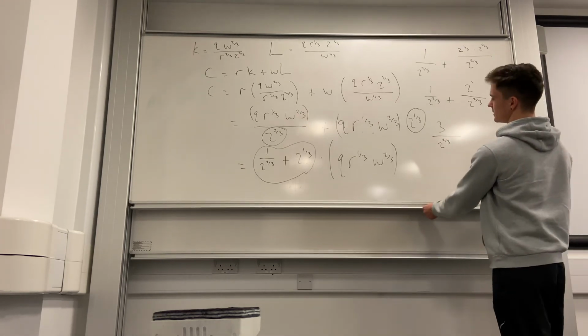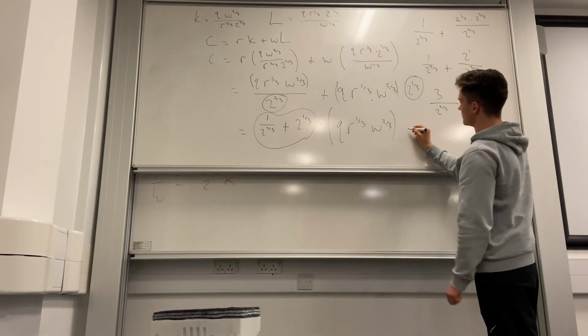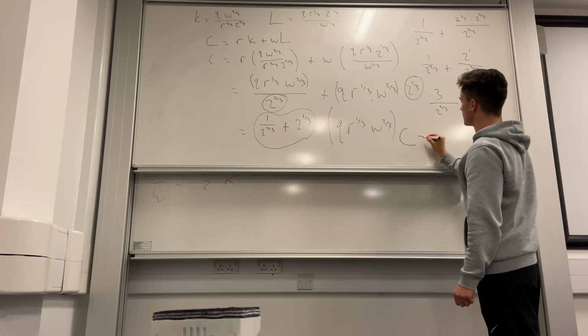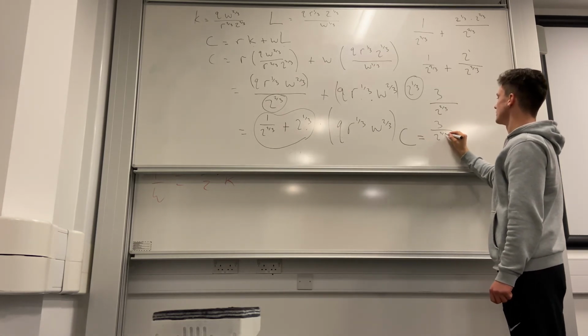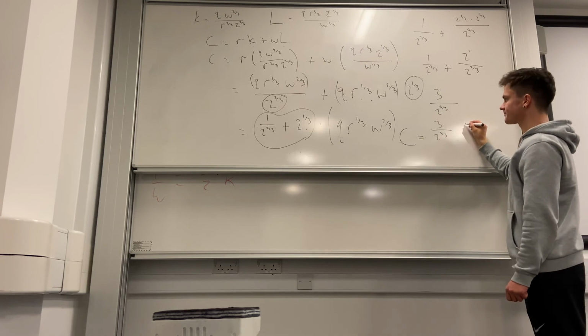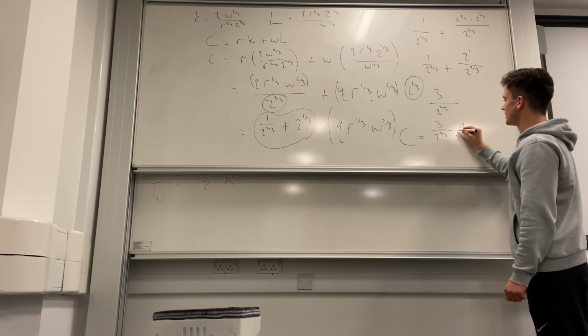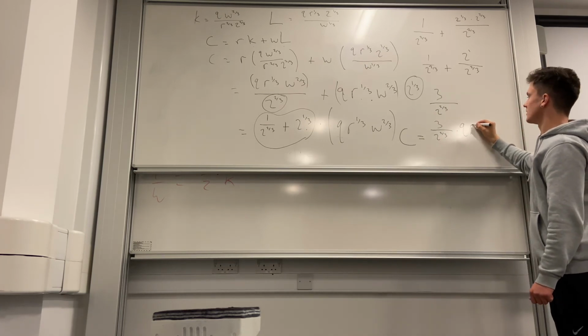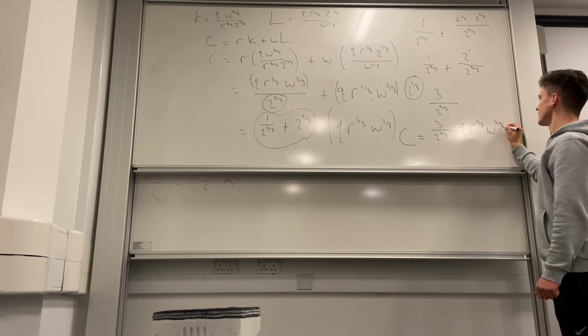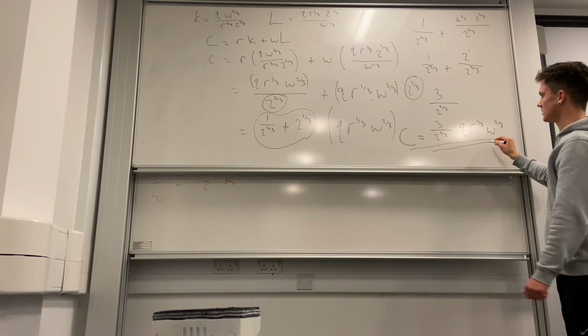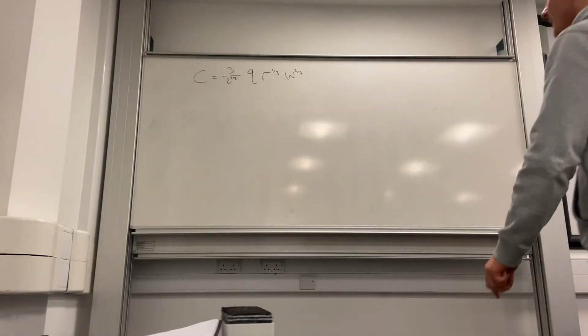And then finally, that would become the cost function. This cost function is equal to 3 over 2 to the power of 2 over 3 times q r to the 1 over 3 w to the power of 2 over 3. There we go. That's the cost function.